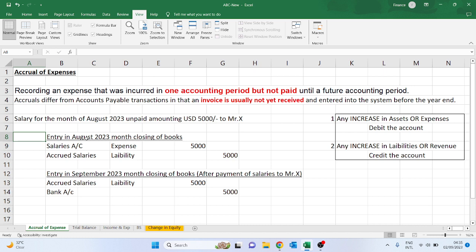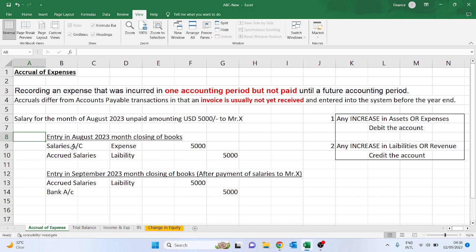Maybe he forgot or whatever. So that means we will not book it in the accounts? No, that is wrong. We need to book that rent amount because we know the amount. If we don't know the amount, then we need to book an approximate, round figure. So the rent is 2000 for the month of August, but we did not receive any notification from the landlord. Anyhow, we are still in this office, so we need to pay the office rent.